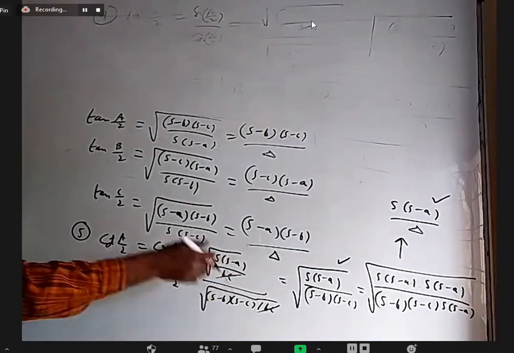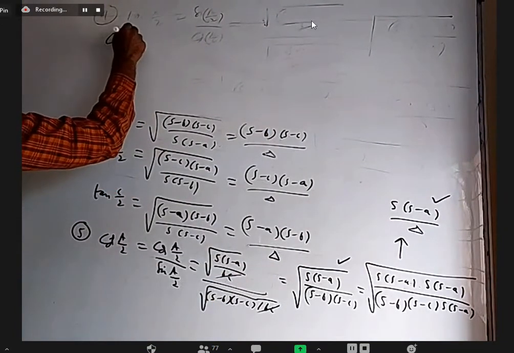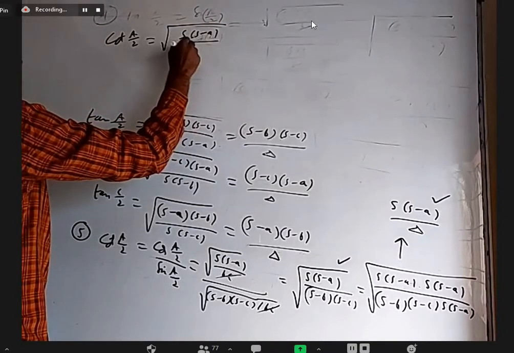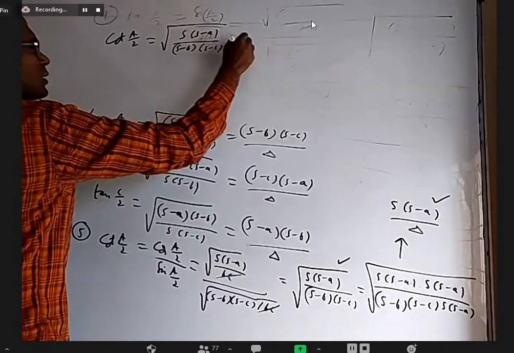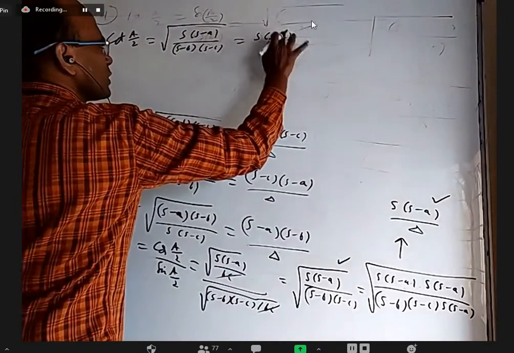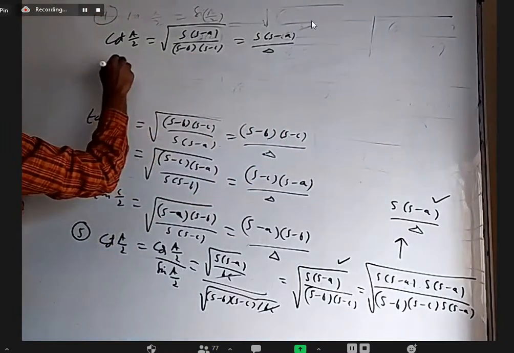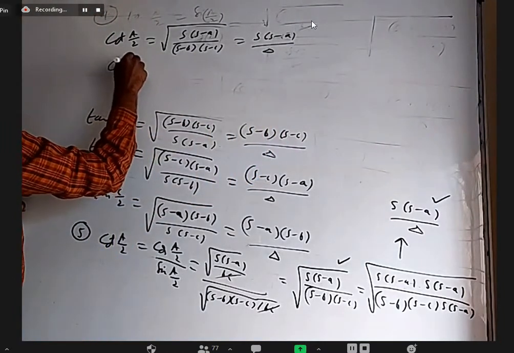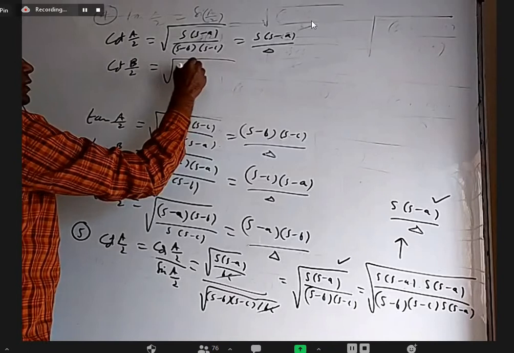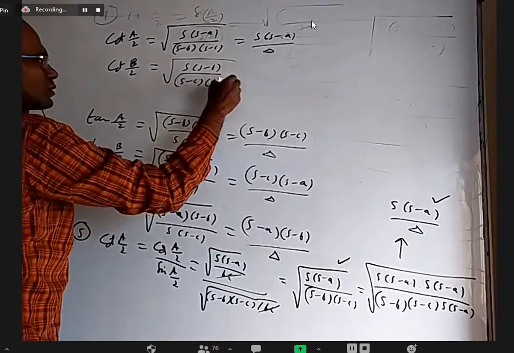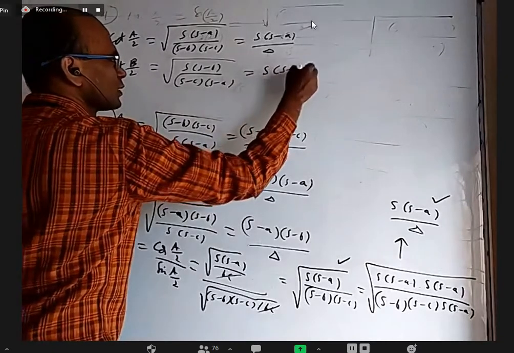Okay, so I just want to state the formulas. That's all. Cot A by 2 is equal to root over s(s minus a) by (s minus b)(s minus c), which is s(s minus a) by delta. Similarly, cot B by 2 is root over s(s minus b) by (s minus c)(s minus a), which is s(s minus b) by delta.